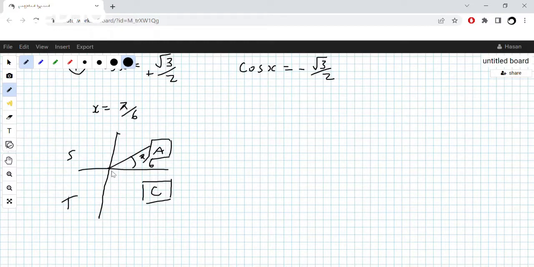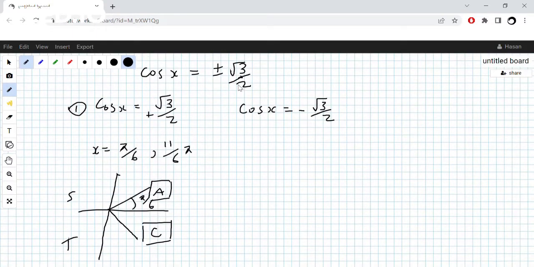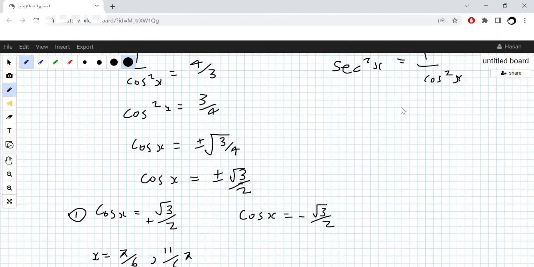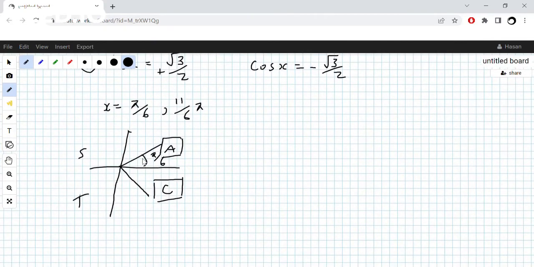But now we want the cos section too. To do that, that would be 2 pi minus pi over 6, which is 11 over 6 pi. And that would be it for our interval, because we're dealing up to 2 pi, which is all around.